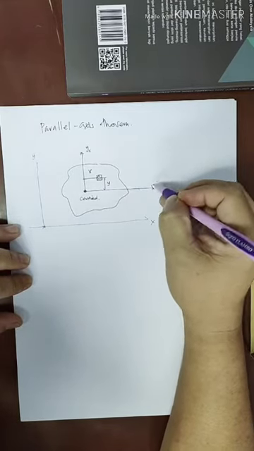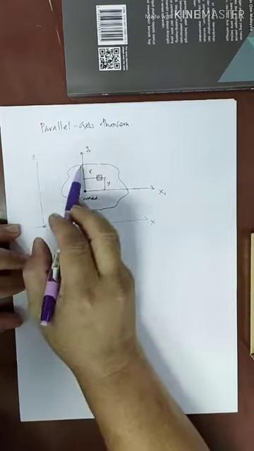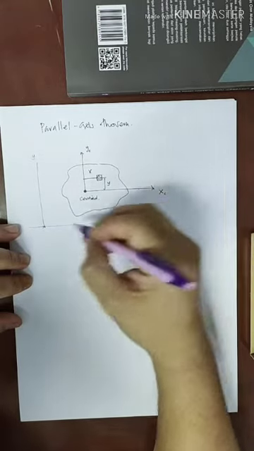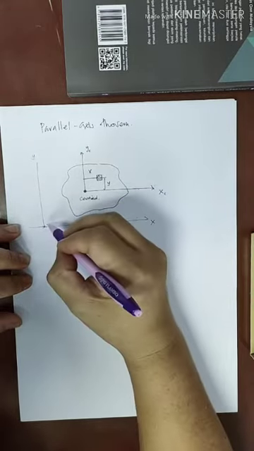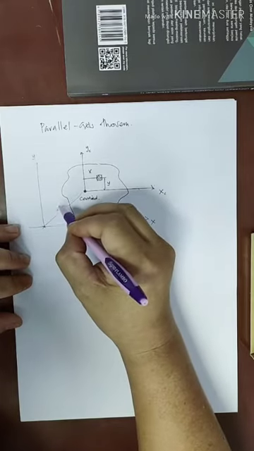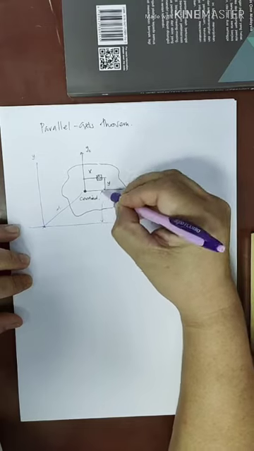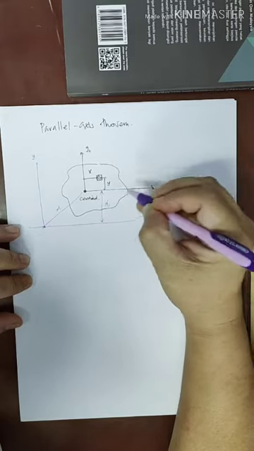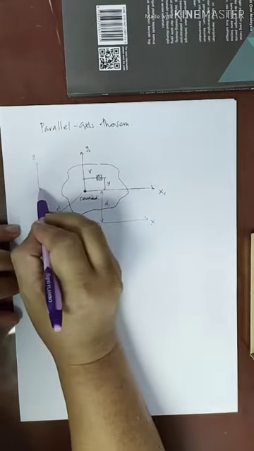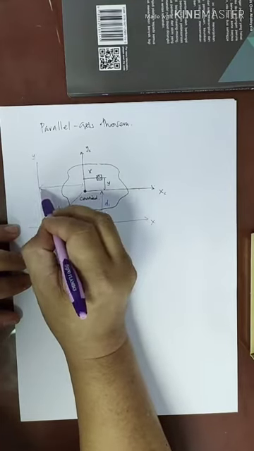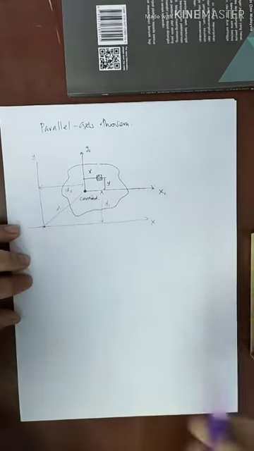So X parallel to the Xc and Y parallel to the Yc. So what are the distances? So this is the distance D, and this is what we call distance 1, and here we have distance 2.